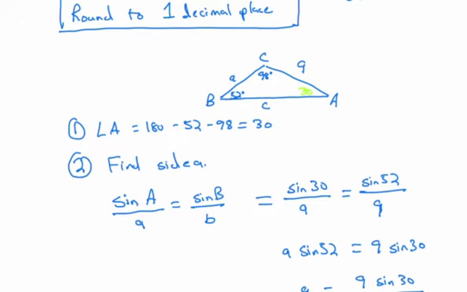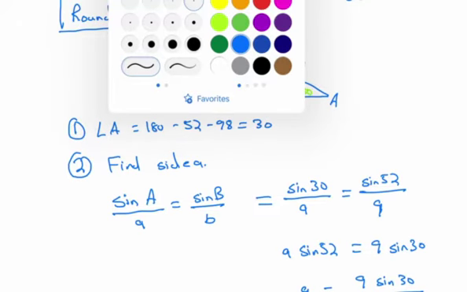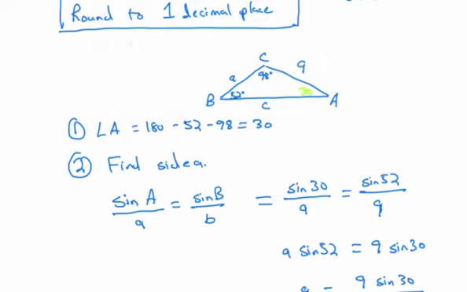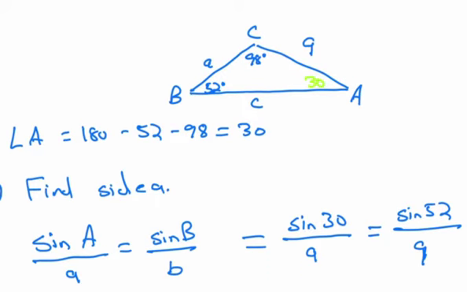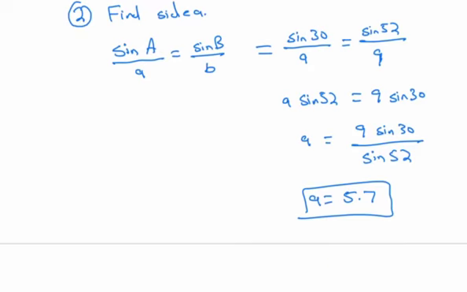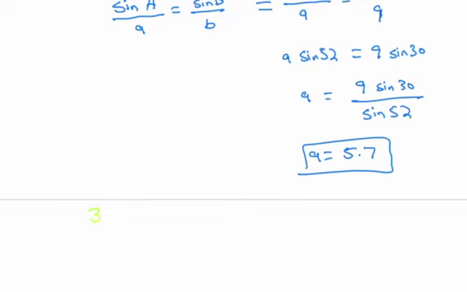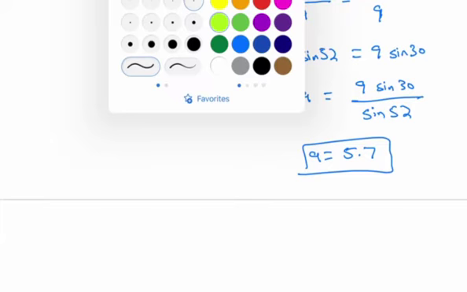And we're now able to fill in one more part of this triangle, 5.7. So the one thing we don't have is C, and we're going to use the same methodology to go through and find side C.